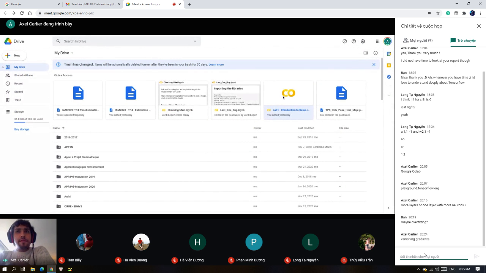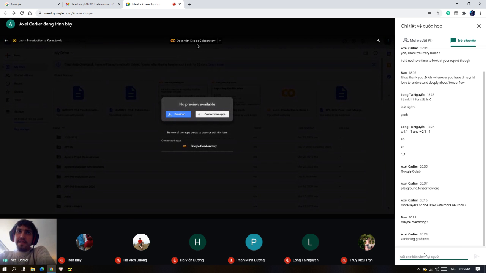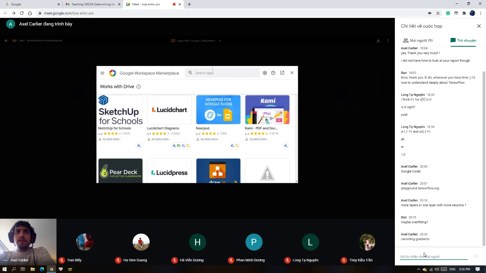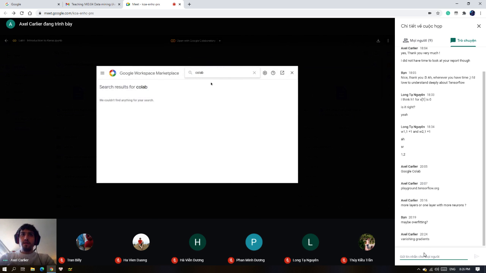If you put the lab that I just gave you in your Google Drive and you double click it, it says here open with Google Colab. So for me it says that, but maybe for you it doesn't. If it doesn't, you can connect more apps. When you click connect more apps, you can search for Colab, Google Colab or Collaboratory.